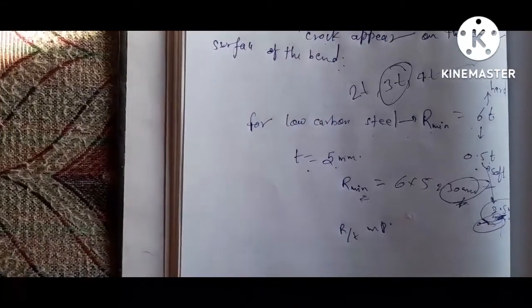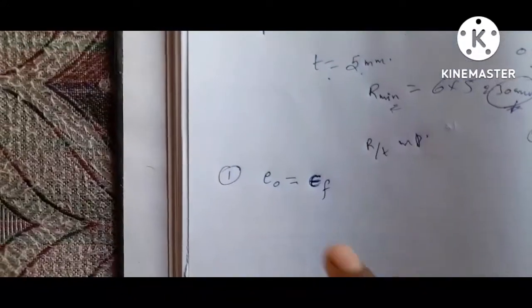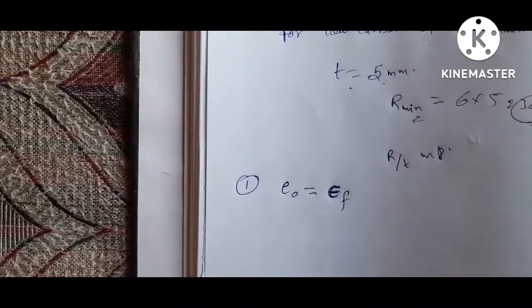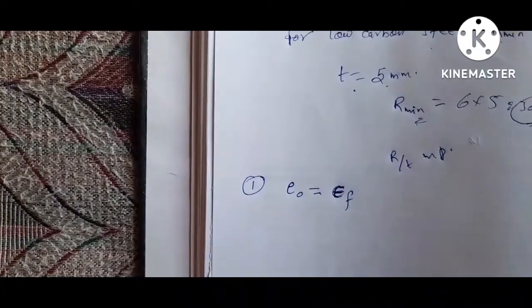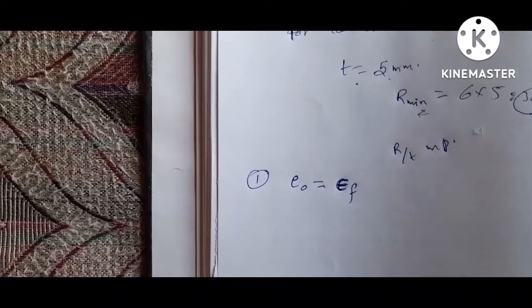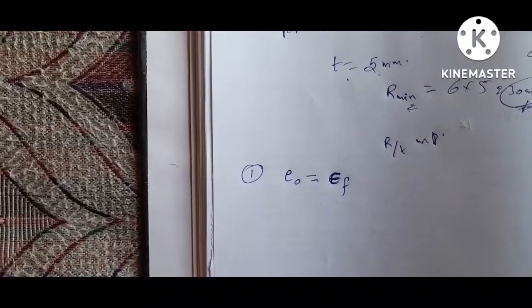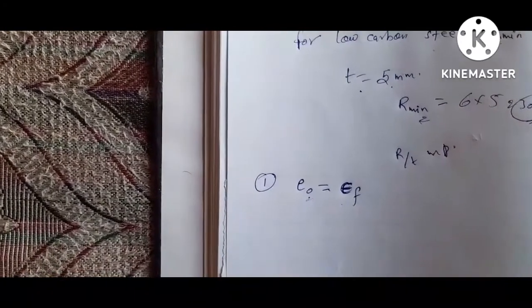It has some assumptions. The first assumption is that the true strain at cracking on the outer fiber in bending is equal to the true strain at fracture of the material in a simple tension test, so E naught equals the fracture strain.